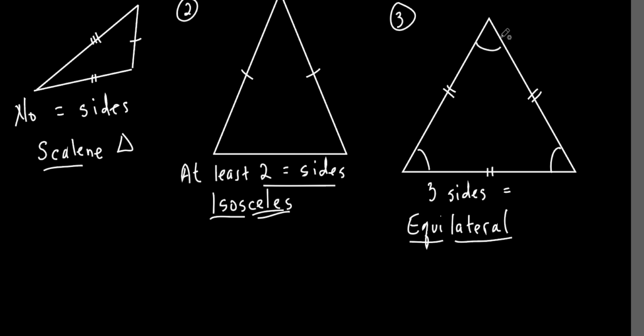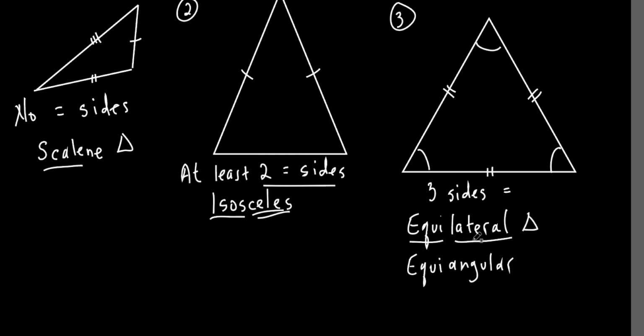What does it look like might be true about all three of those angles? It looks like they're all equal too. So I could call this equilateral because the sides are equal, but I could also call it equiangular. Very good. I could call it equiangular.